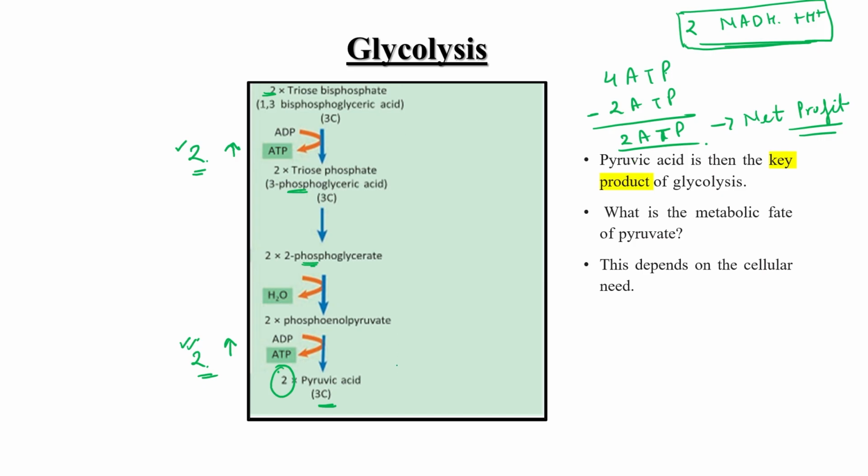And what is the last product of glycolysis? This is pyruvic acid. So pyruvic acid is the key product of glycolysis. Now the question arises, what is the metabolic fate of pyruvate? It actually depends upon the cellular need, whether the next type of reaction is in the presence of oxygen or in the absence of oxygen.